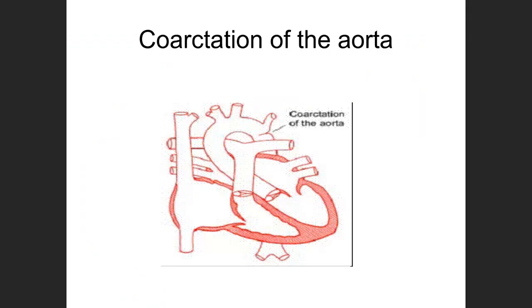In some of the older textbooks, they talk about pre-ductal and post-ductal coarctation. That terminology has gone out of use for the most part, and it is felt that most cases of coarctation of the aorta occur in the area of the origin of the ductus arteriosus.